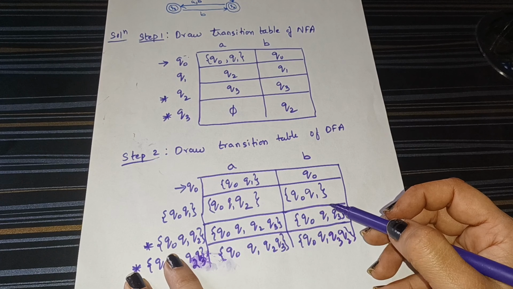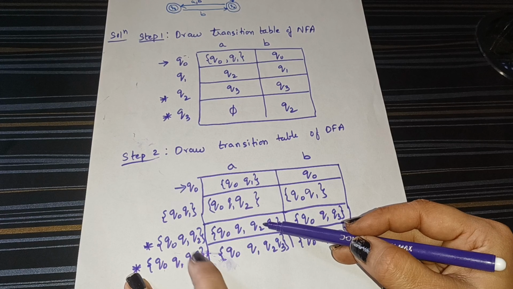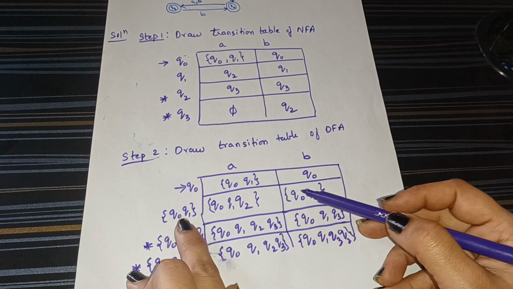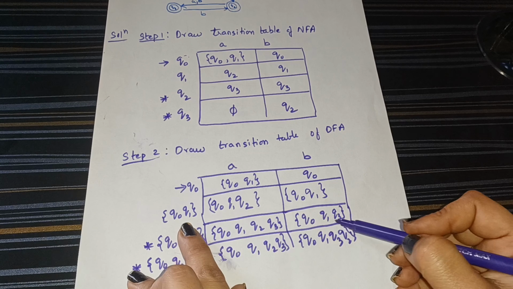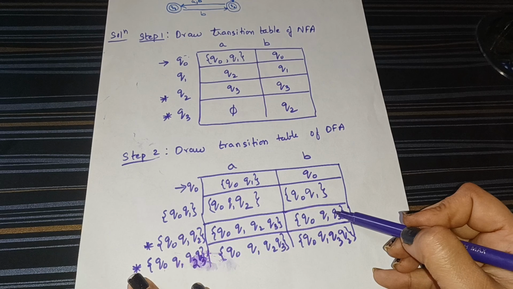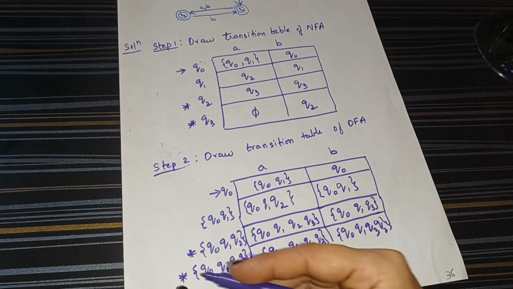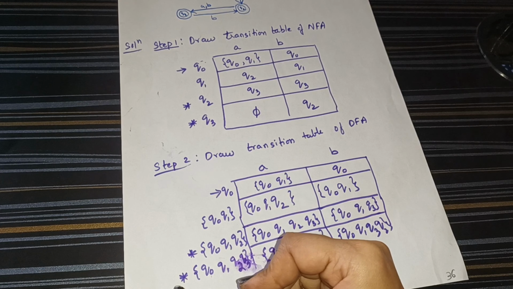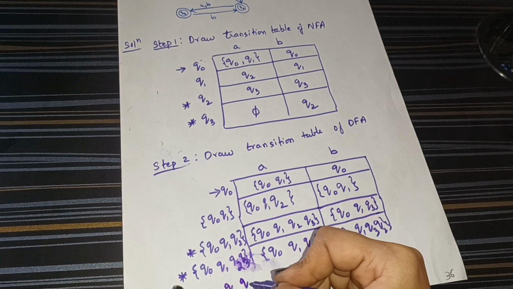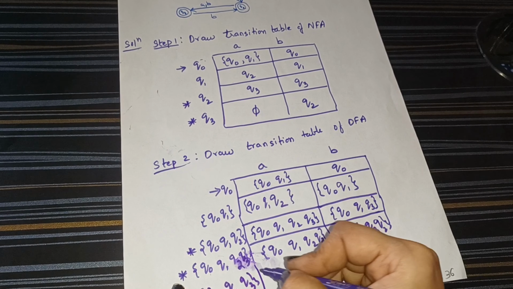So we have done this one, and this one, and this one. The remaining new set is Q0, Q1, Q3. So we will take Q0, Q1, Q3 as a new state.